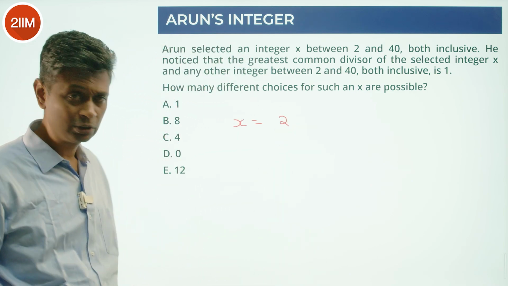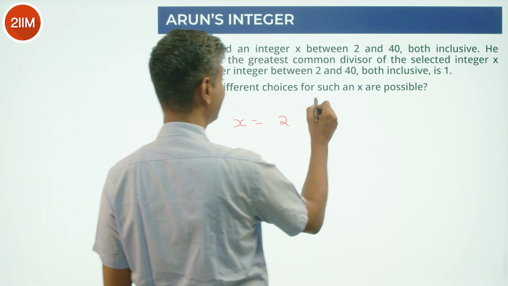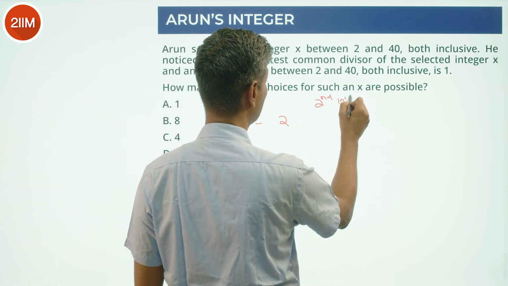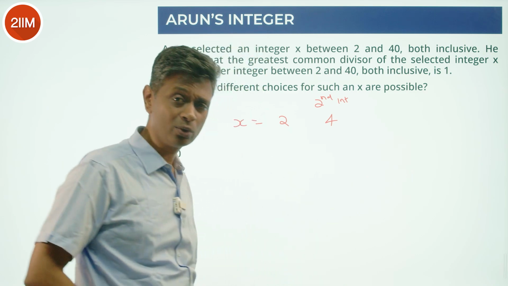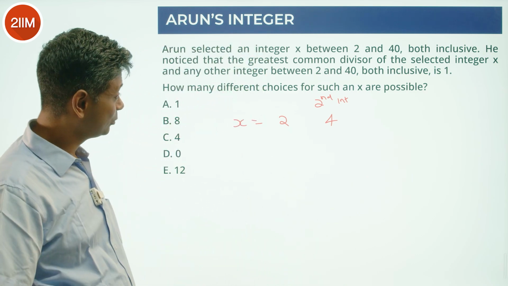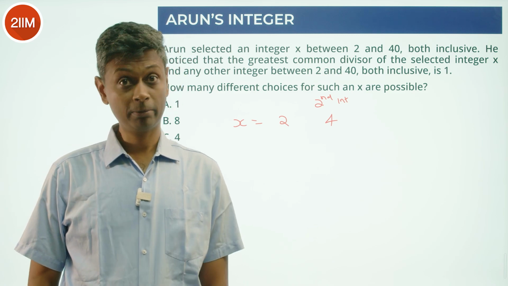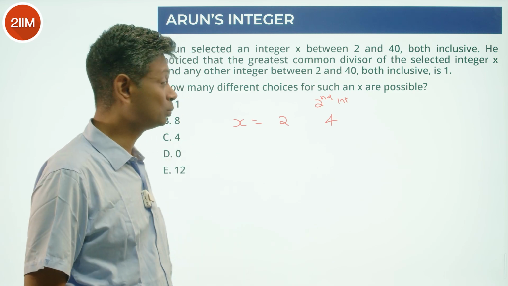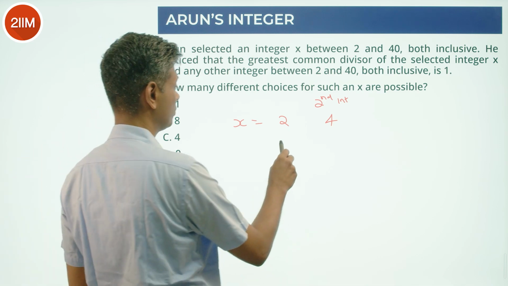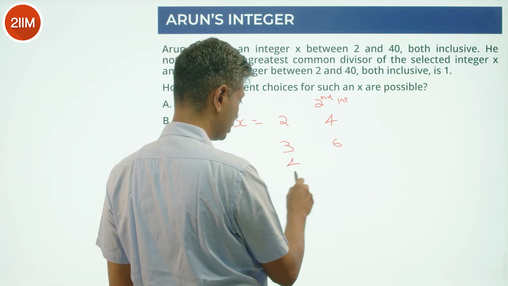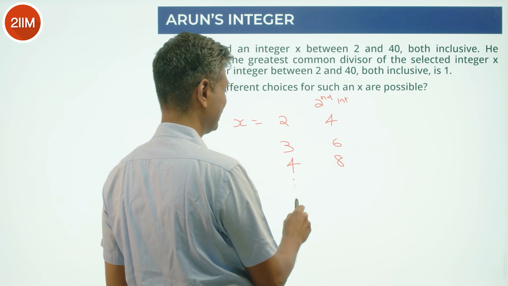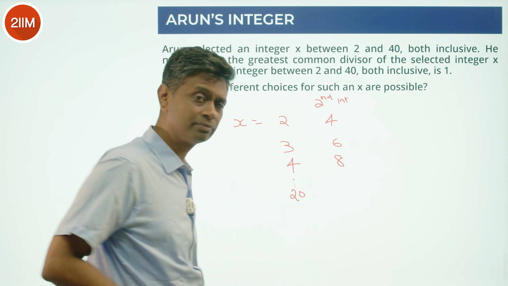If I put x as 2, when the second integer is 4, HCF of 2 and 4 is 2. 2 and any other number between 2 and 40 are not coprime. So x cannot be 2. Can x be 3? No, 6 will cause trouble. Can x be 4? 8 will cause trouble. Till 20 is ruled out.